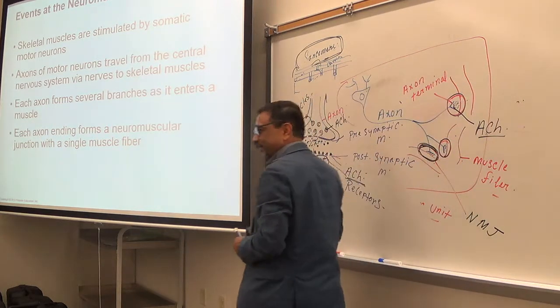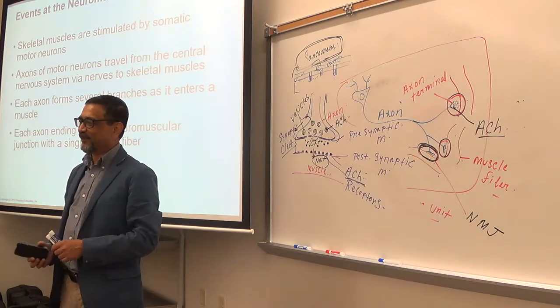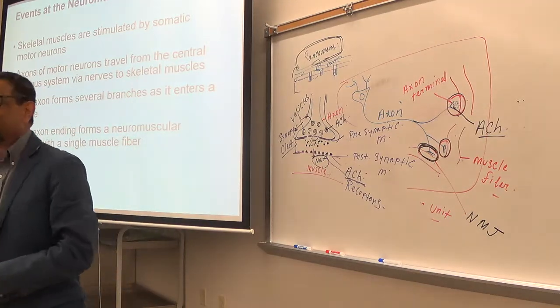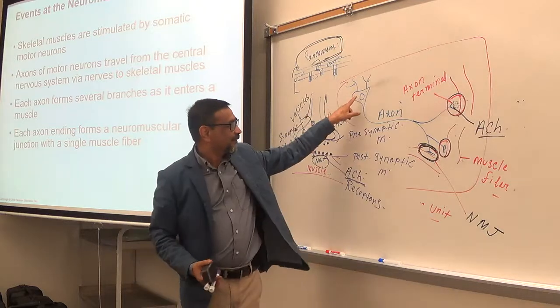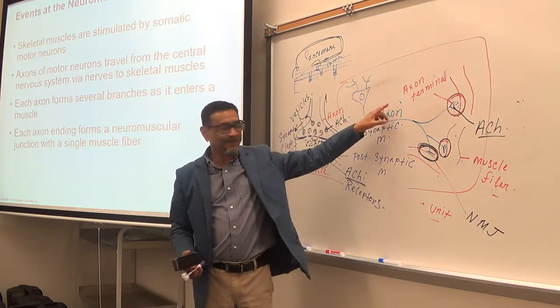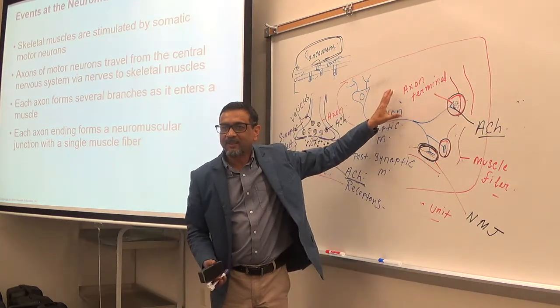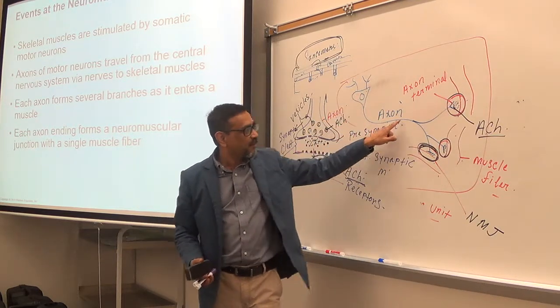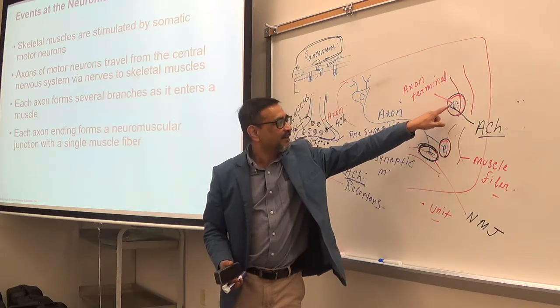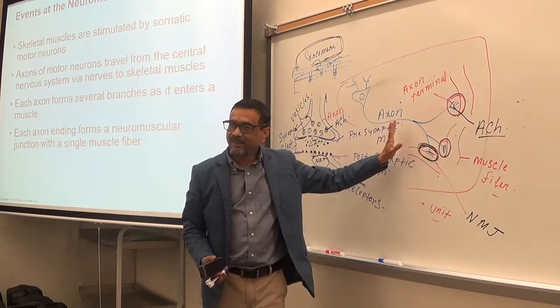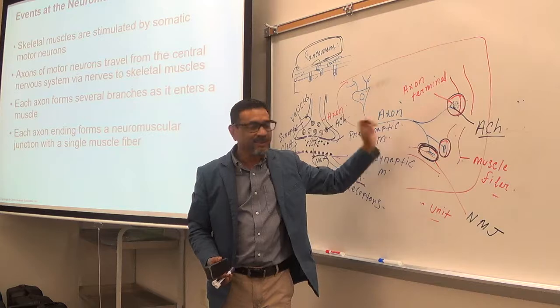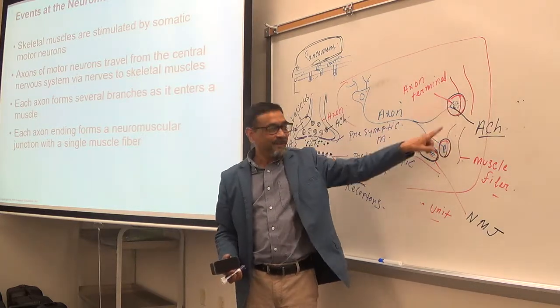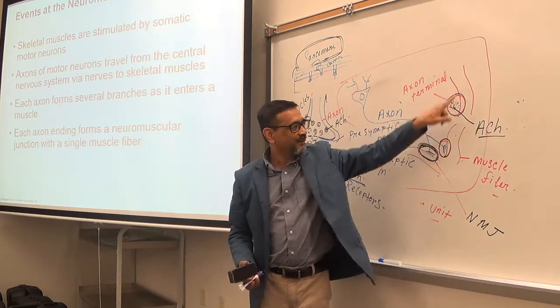Okay, so let's quickly review now. Let's see your memory. Okay, so this is what? This guy is what? Axon. The whole thing is a neuron, right? Yeah. Motor neuron. And this part is called what? Axon, right? And these are axon terminals. Is it clear? End of the axon. Okay. Axon terminals end on these structures.